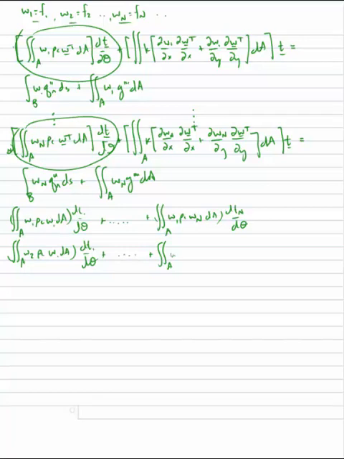And then finally we get to the last one, so we keep going. The last one is the integral over the area of Wn rho C W1 dA dT1 d time plus the integral over the area of Wn rho C Wn dA dTn d time.